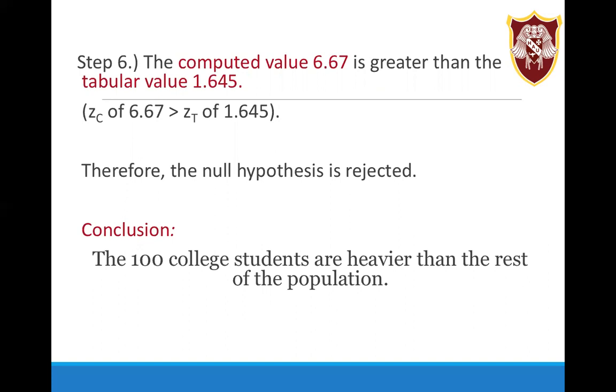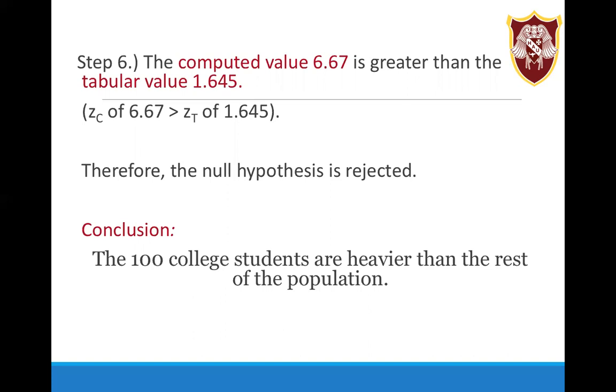So again, the criterion or the decision rule indicates that when the absolute computed value is greater than the absolute tabular value, we reject the null. So the null hypothesis is again rejected. Therefore, our conclusion would be based on the accepted hypothesis, which is our alternative.